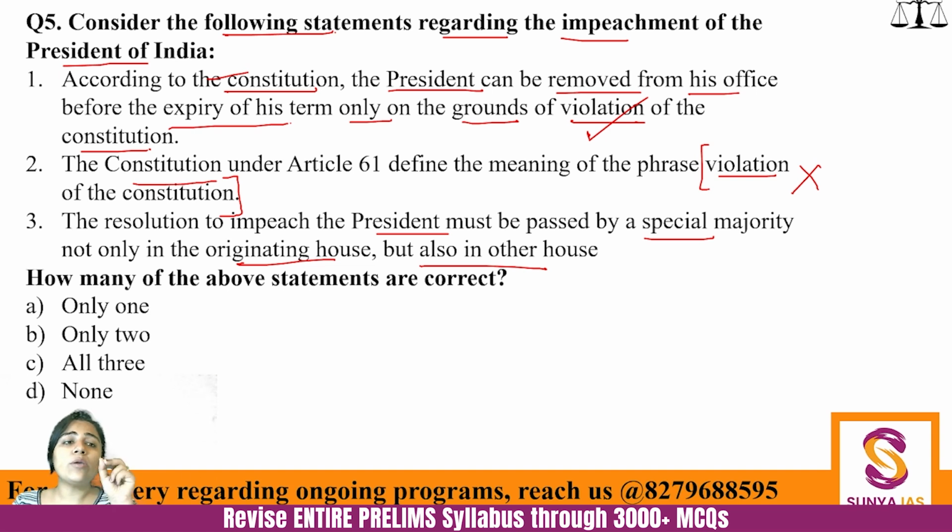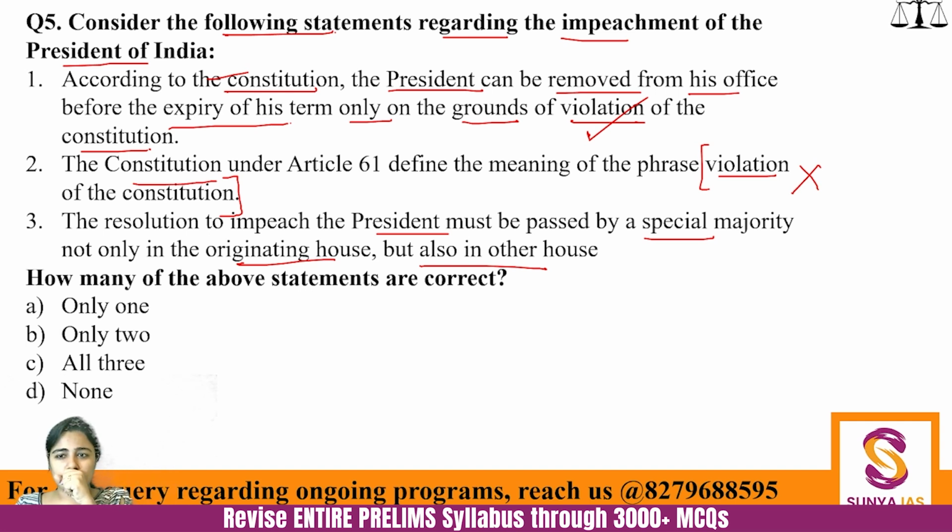There is only one reason why the president can be impeached, and that reason, my dear, is the violation of the Constitution. This is not so in the American president case. In the American president case, there are cases for high crimes, for treason. There are multiple reasons. They have defined it pretty properly also.